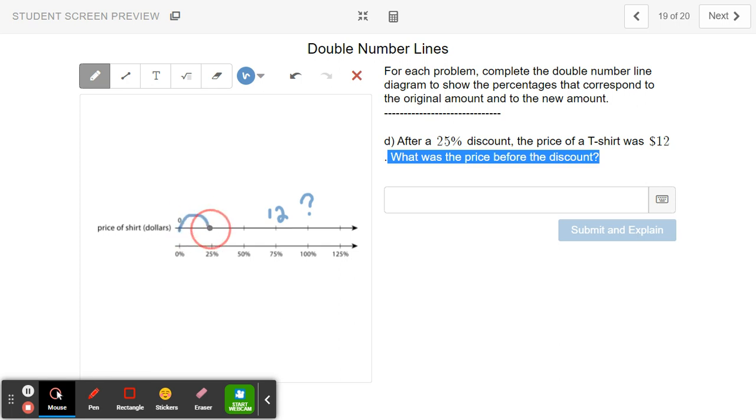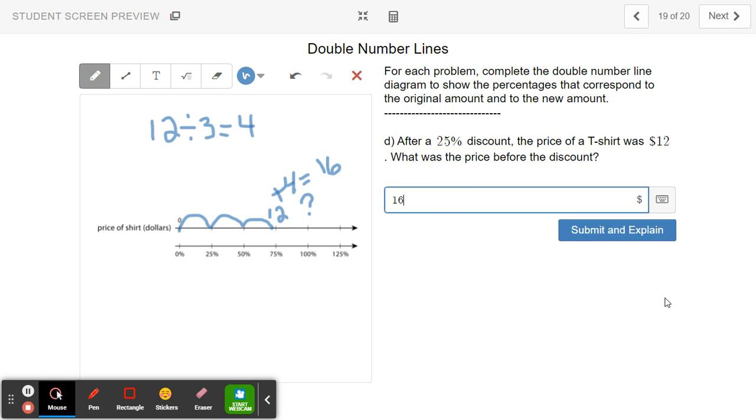So I know there's 1, 2, 3 jumps. So that means the 12 is being divided into 3 equal pieces. Again, I like math like this because I know 12 divided by 3 is 4. So that's telling me we're trying to find this, which is 1 jump away from 12. So all I got to do is add $4 and I get my original price of $16.